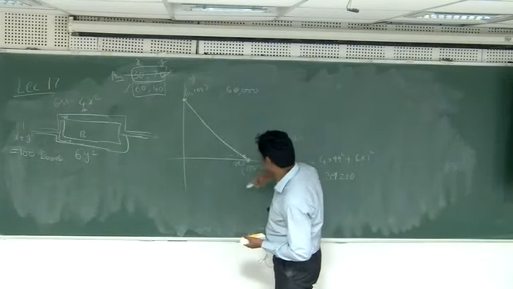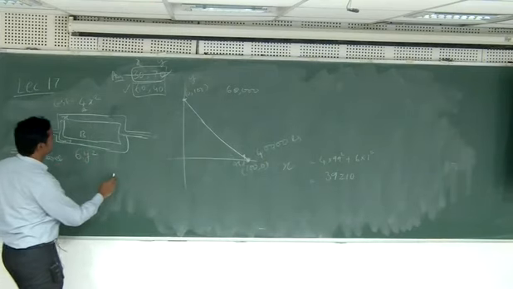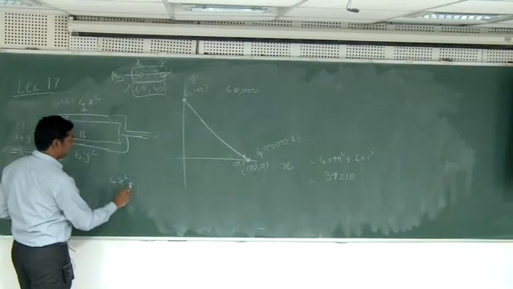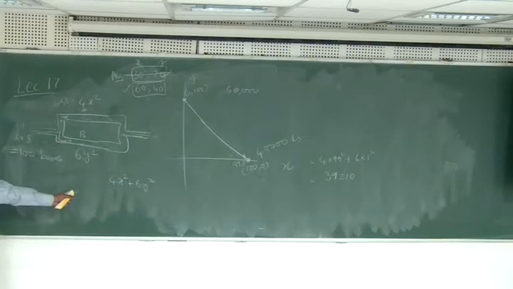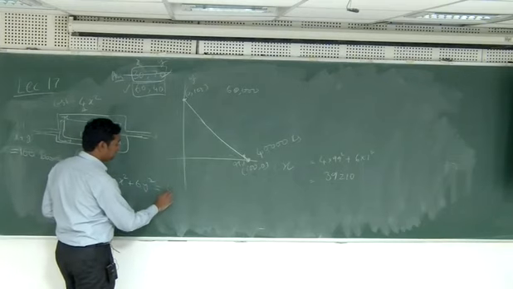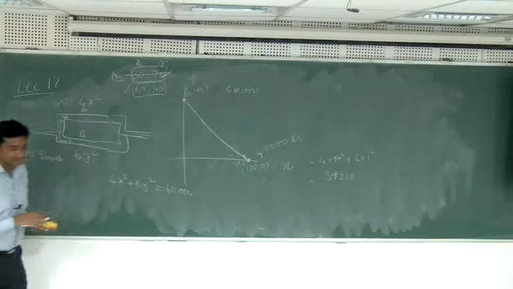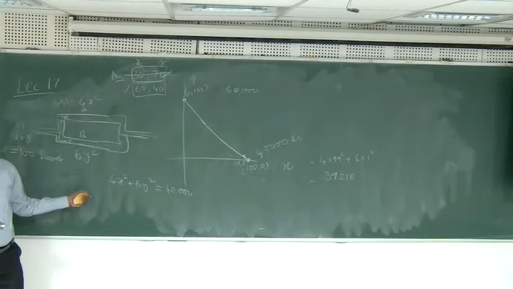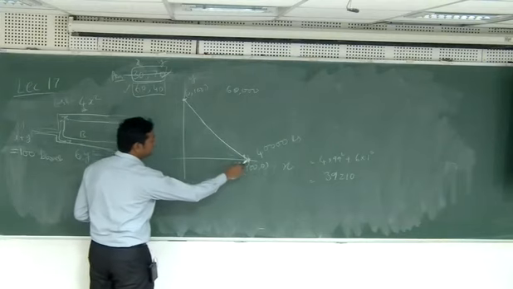Another way of looking at it is to look at the cost, 4x square plus 6y square. This is a function. If I say it is equal to 40,000, what does this represent? This represents an ellipse, and that ellipse will be passing through this point.